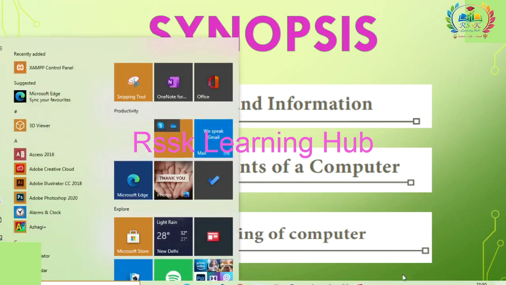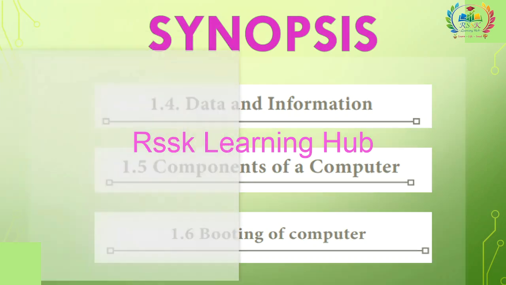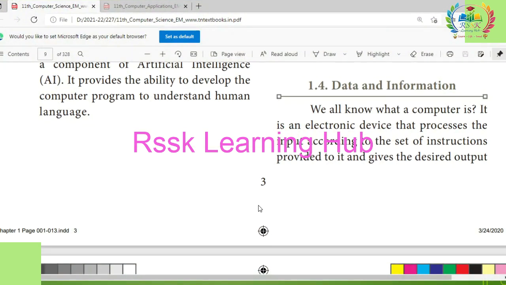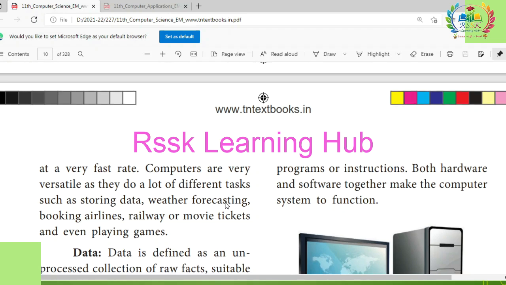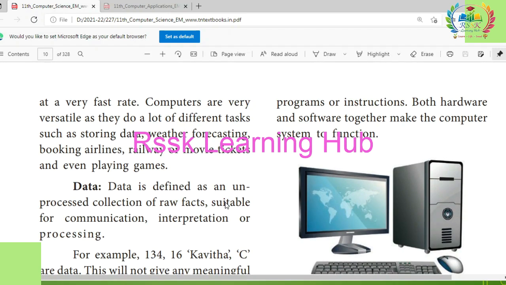What is data? A raw content collection is called data, right? And information means the collection of data for the storing part. So the information regarding each individual content is called information.